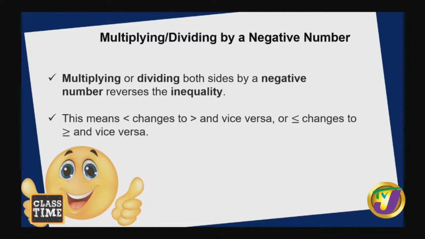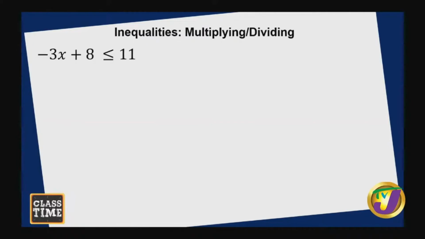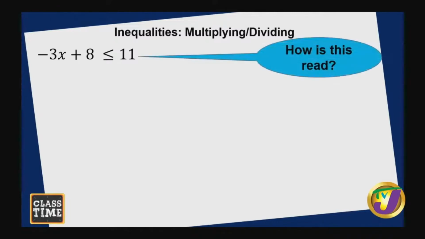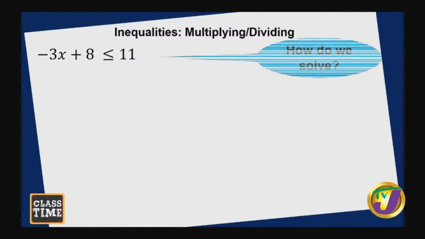So let us see where this takes us. This takes us to trying to see if we can first read the inequation, and in this case it is read, negative 3x added to 8 is less than or equal to 11. Good. And how do we solve it now?